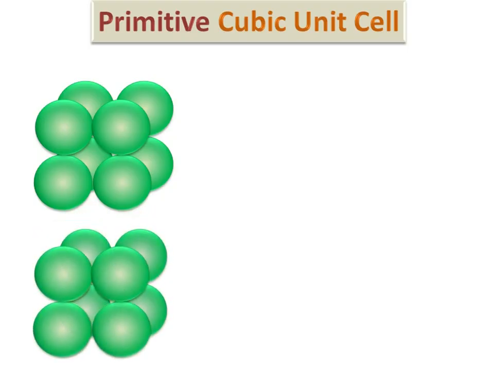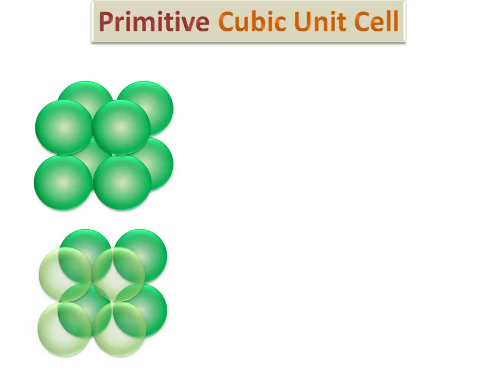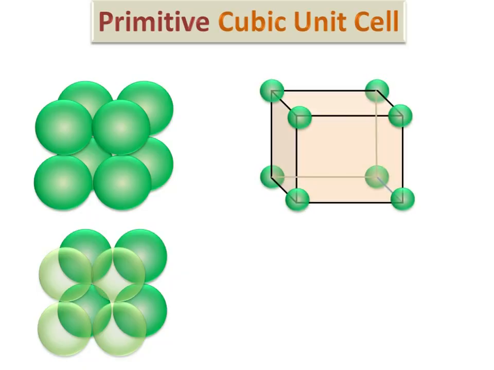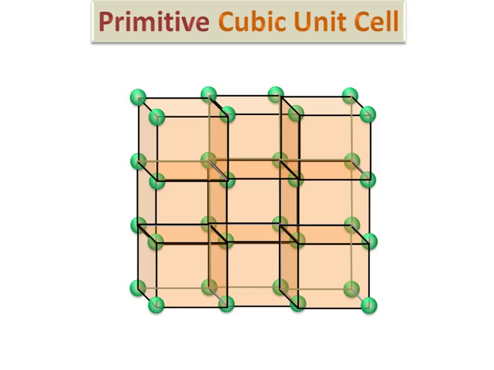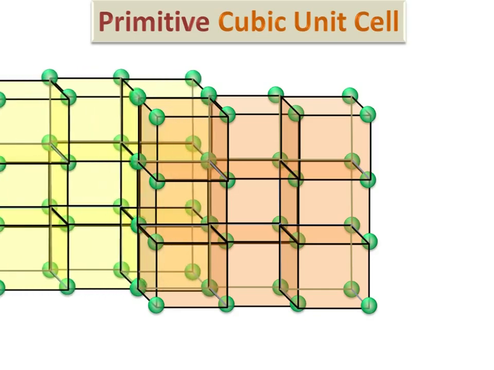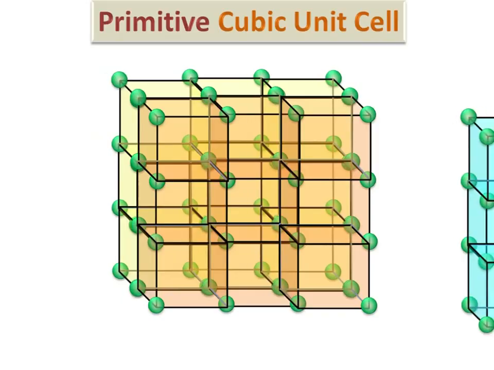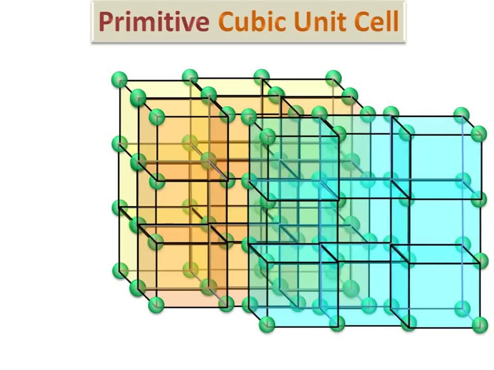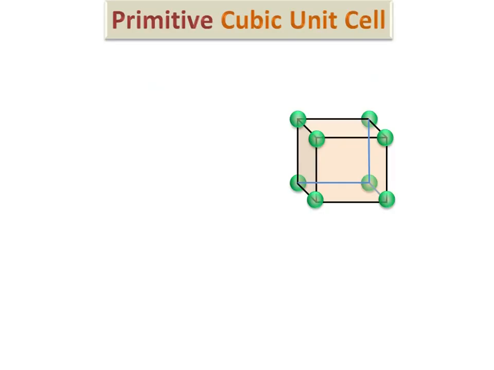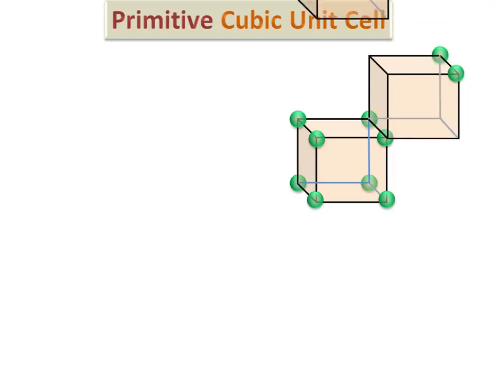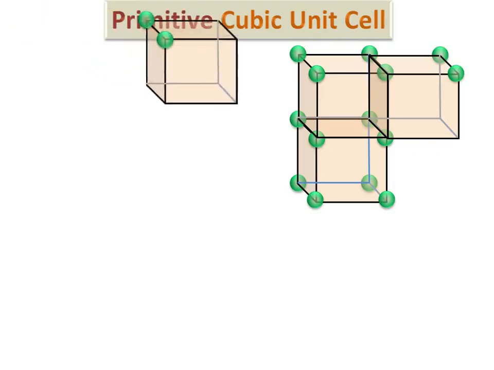A cubic unit cell has 8 corners, and each corner is occupied by one atom. Each atom at a corner is shared between 8 adjacent unit cells.